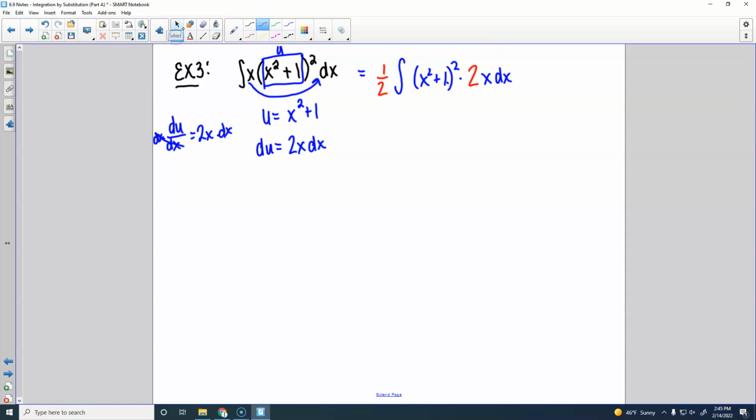All right, so this part right here is my u. This part right here, now I have everything I need for my du. So whenever I change this using substitution, I will have the 1/2 that still stays out front. I will have u squared du.